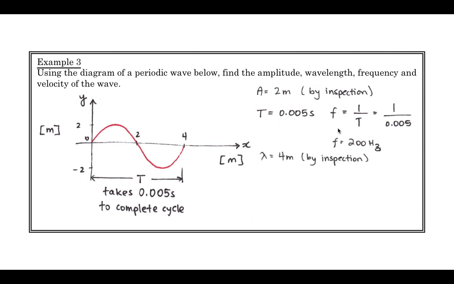The wavelength is 4 meters from the beginning of one wave to the end of that wave, and of course then this would repeat. The wavelength is 4 meters. And we can now solve using this, the universal wave equation. v is equal to f lambda, 200 times 4, and we get that this wave would be moving at 800 meters per second.